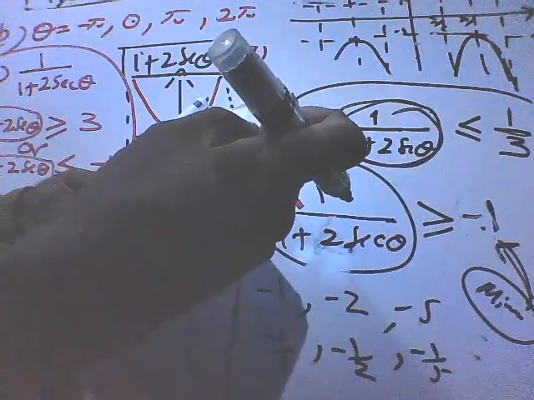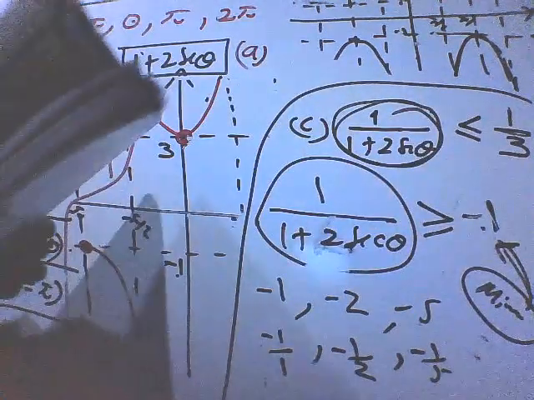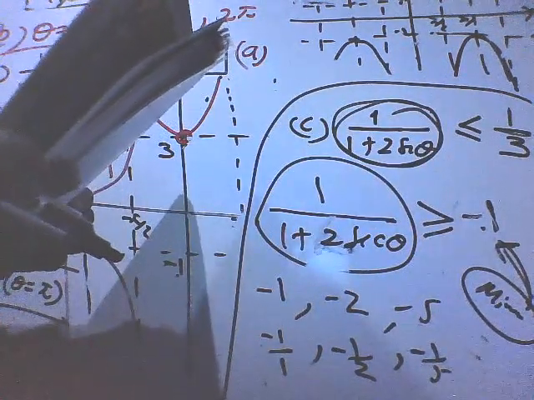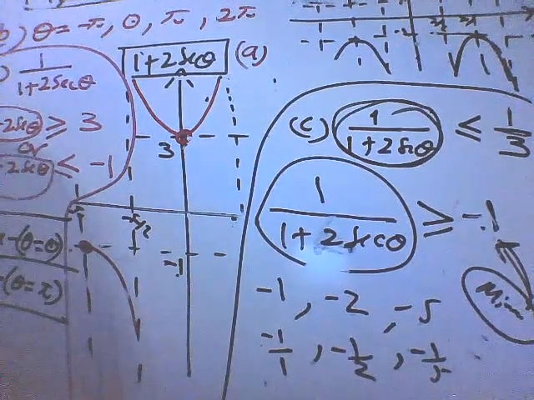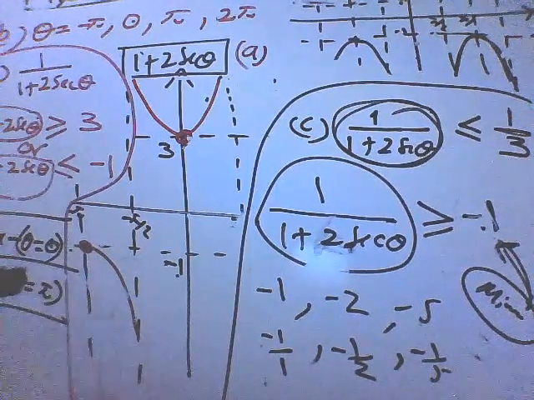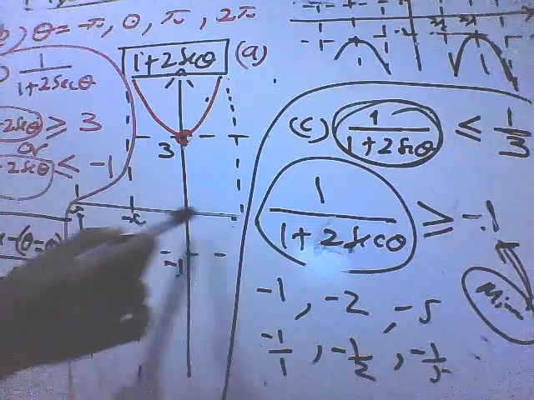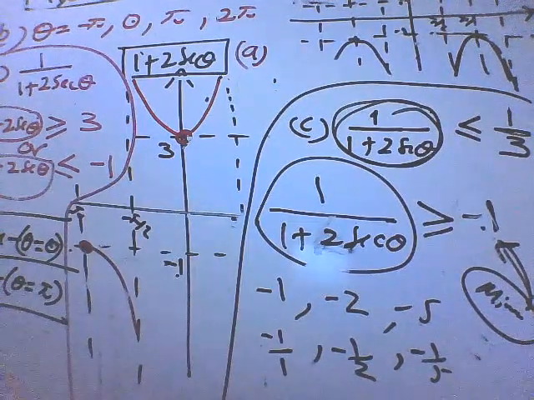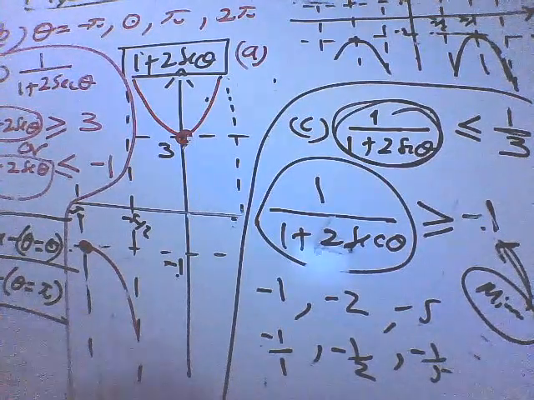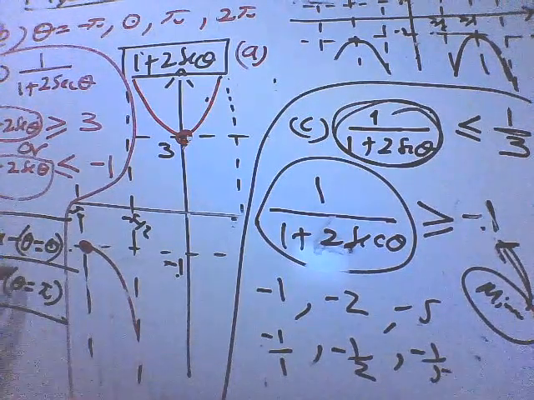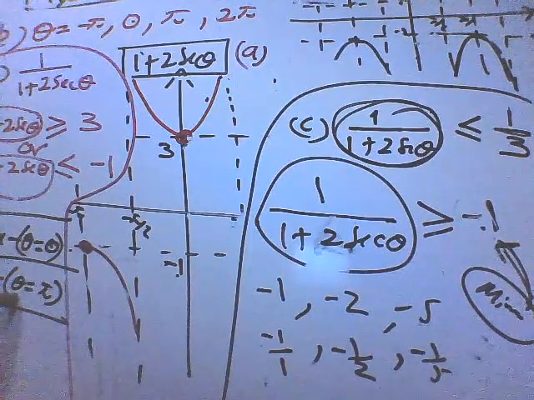They are asking for the smallest positive value of theta. So they expect in which side it occurs. So here theta equals 0 and theta equals pi. Okay, that is the answer.